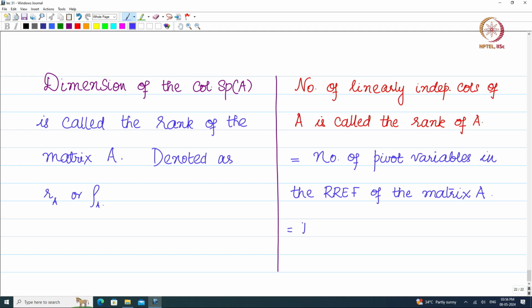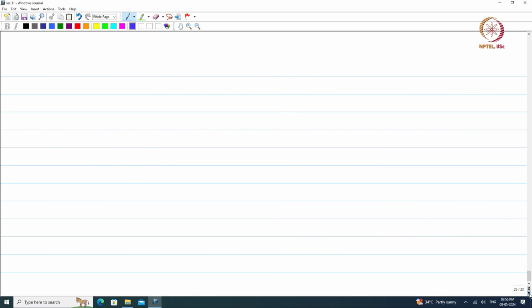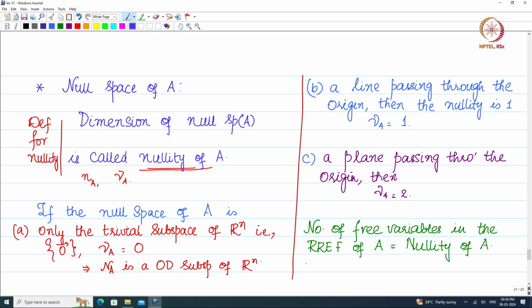This is equal to the number of non-zero rows in the row reduced echelon form of A. That is also called the rank of A. So this is also equal to the number of 0 rows in the RREF of A.